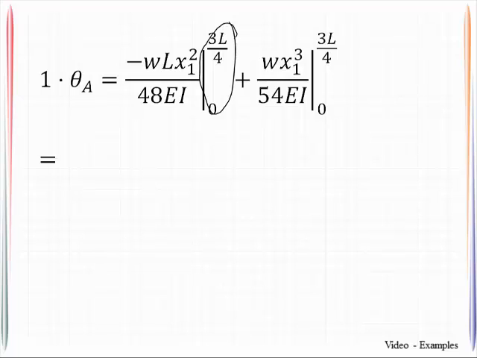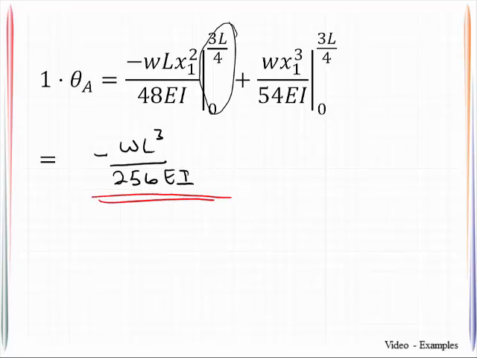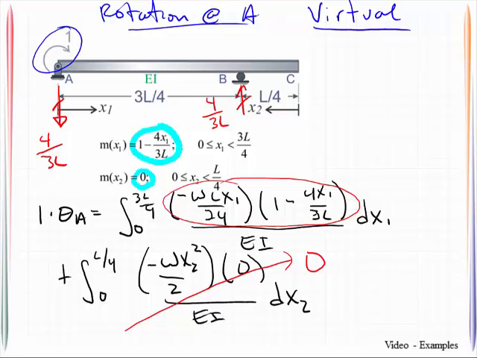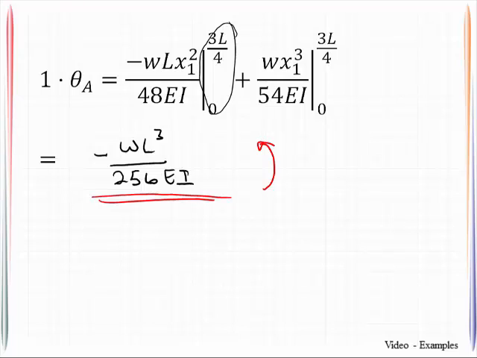You go ahead and evaluate that, and it computes out to be negative WL cubed over 256 EI. The negative means that I did indeed assume the wrong direction. Notice I assumed clockwise here, so that means that really it's rotating counterclockwise.